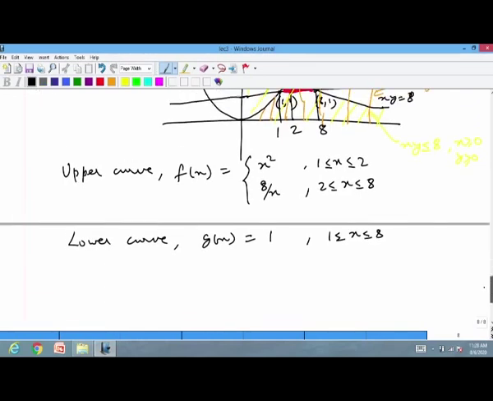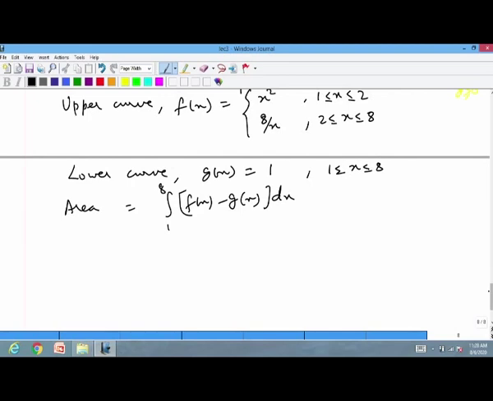So, what we have to find, the area, is the integral from 1 to 8 of f x minus g x dx, which is equal to the integral from 1 to 2 of x square minus 1 dx plus the integral from 2 to 8 of 8 by x minus 1 dx.